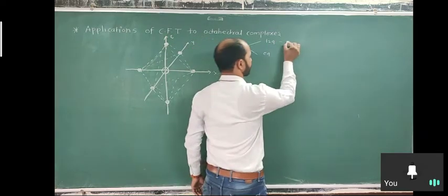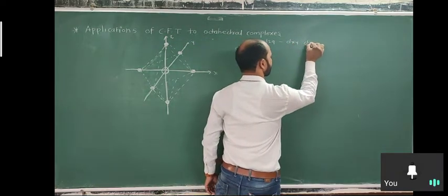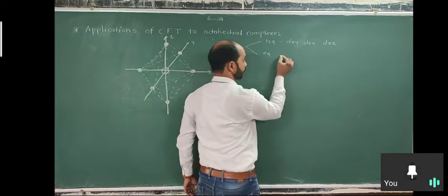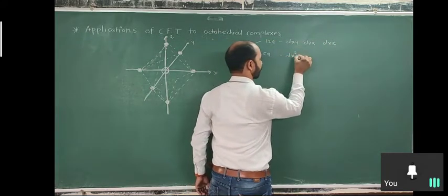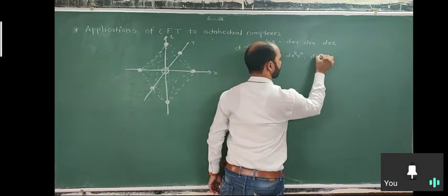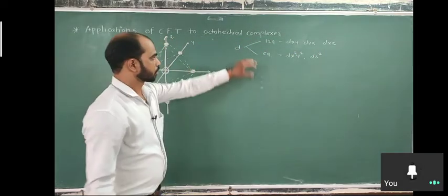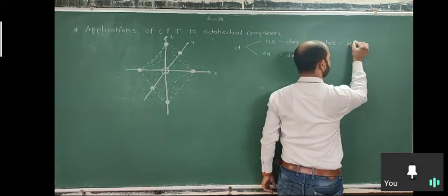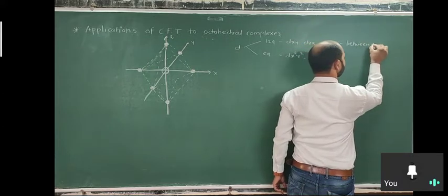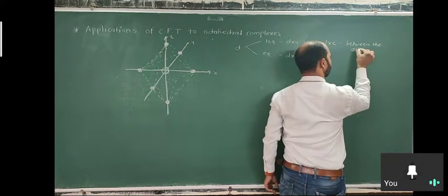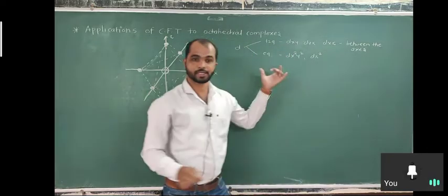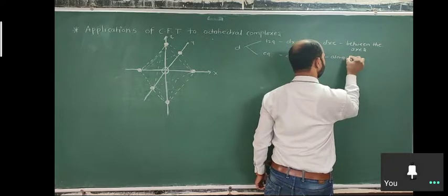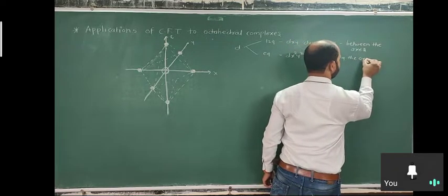T2g means dxy, dyz, dxz, and Eg means dx square minus y square and dz square. The T2g orbitals lie between the axes, and the Eg orbitals are oriented along the axes.